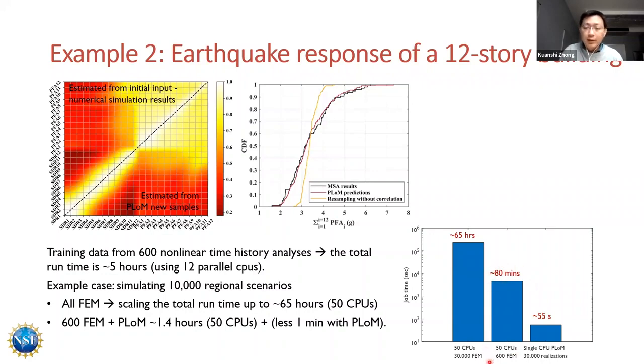Based on those results, we can get our training going and estimate the new samples. For instance, now I want to estimate 30 more realizations through the PLoM training data, and it takes less than a minute to generate those new samples. If you combine these two, you can see how much you can save by using this new method if you're looking into a really big problem like regional analysis.